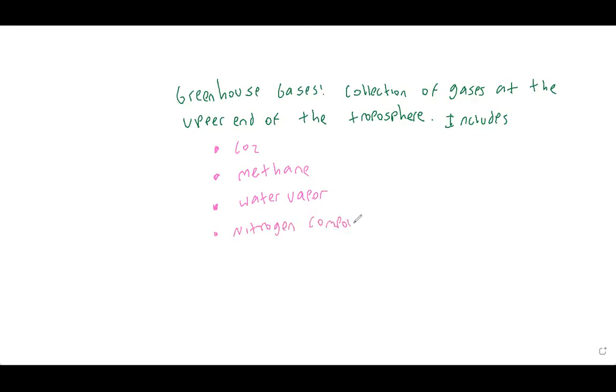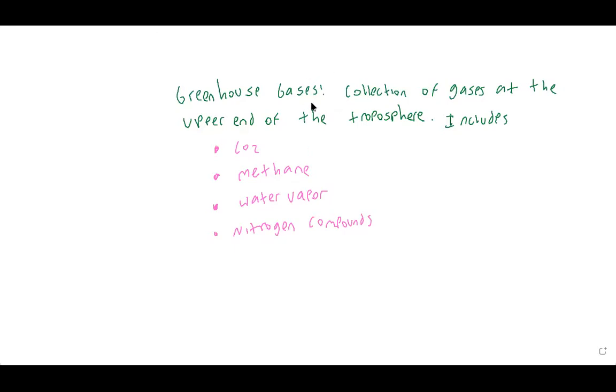Believe it or not, I'm pretty sure that water vapor is the most prominent gas in the greenhouse layer. Methane is very potent as well. CO2 gets all the attention, but methane is also a very potent greenhouse gas, and that is emitted in large quantities by cows.